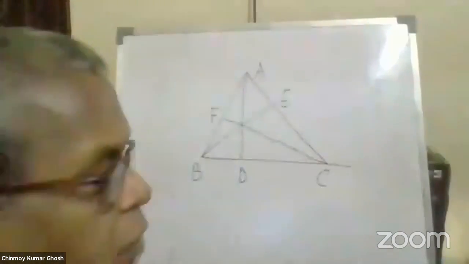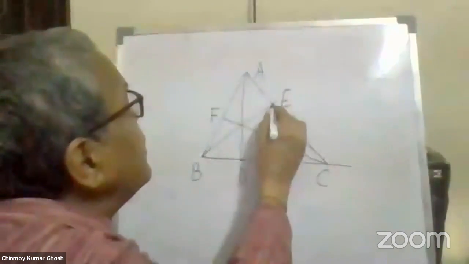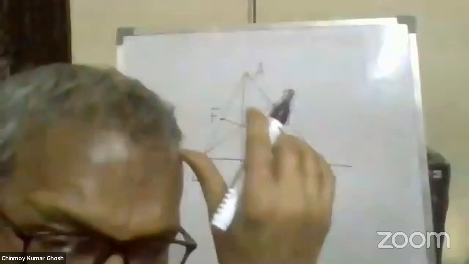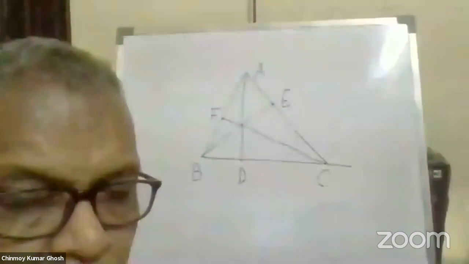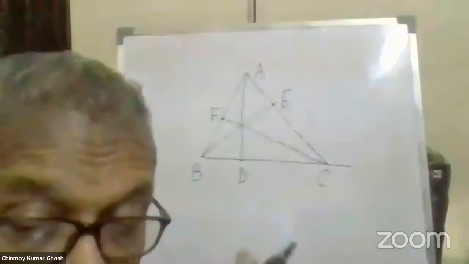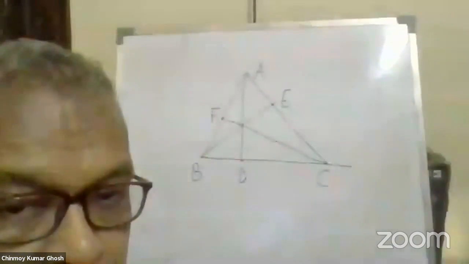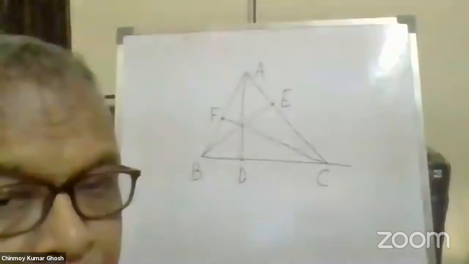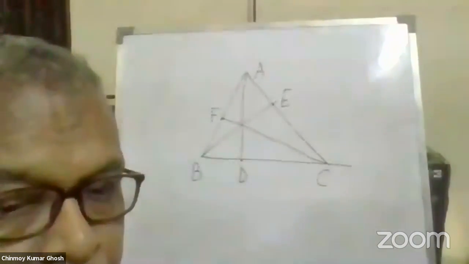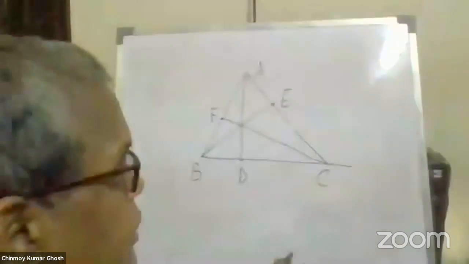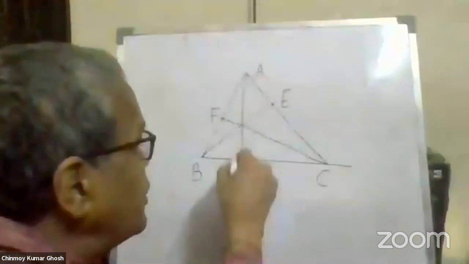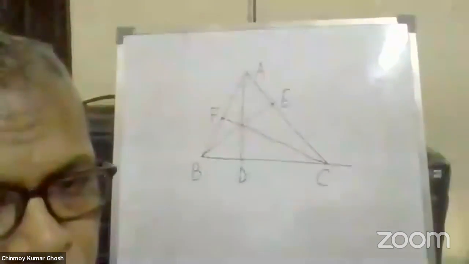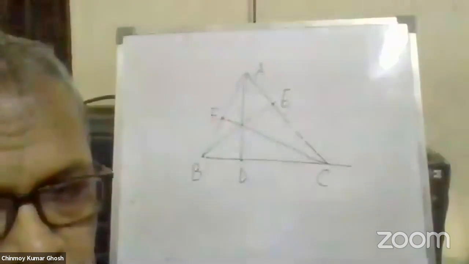In that problem, the 3 feet of the perpendiculars were given, D, E, and F, and you were asked to determine whether or not drawing the original triangle is possible. I hope you remember the problem.